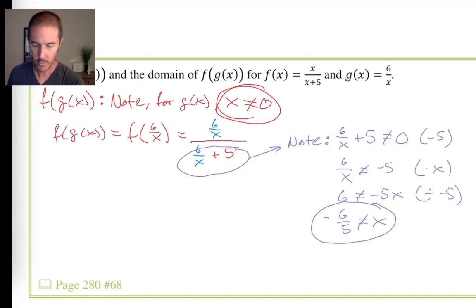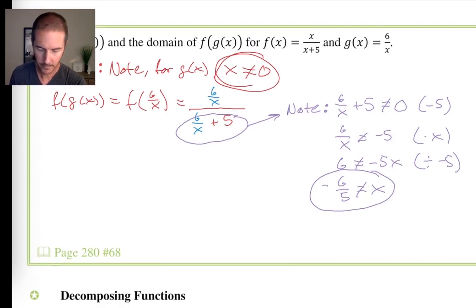All right, let's write our final answer. What is the domain of f of g of x? It's all of the numbers except for 0 and negative 6/5.